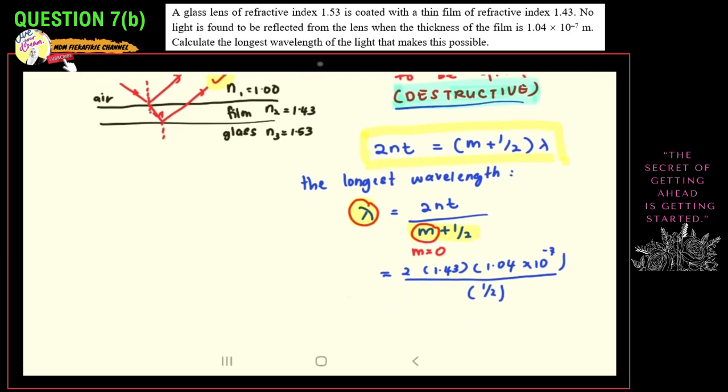Okay, so therefore lambda will be equal to 594.9 nanometer. Okay, so this is the answer. Alright, so finish 7B. Okay, so now look at question 7C.